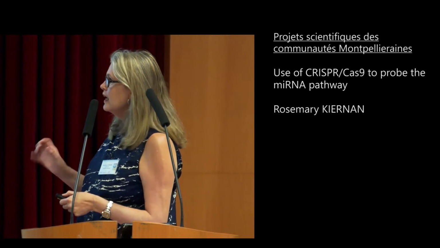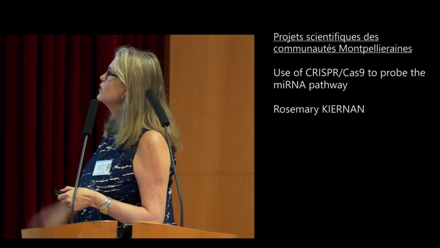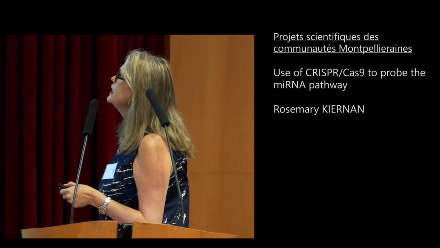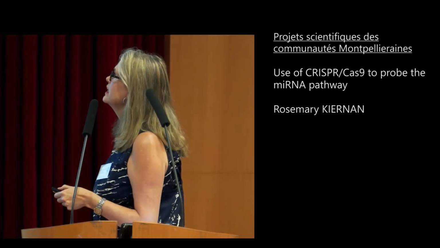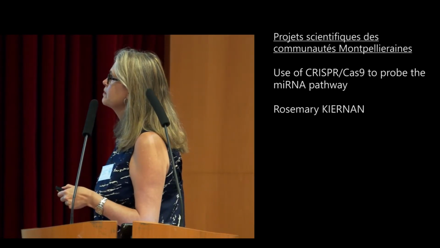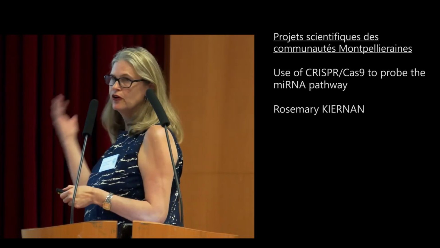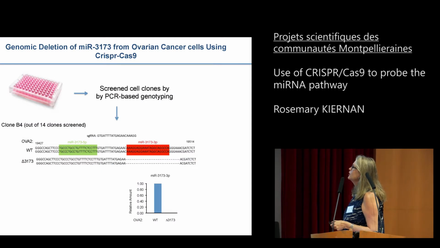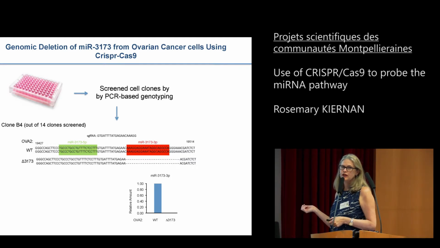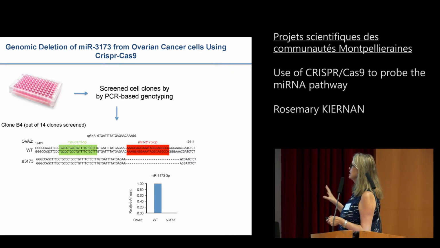Then when we let the cells grow up after about 1 month of cell growth, we screened them by fairly standard PCR-based genotyping. And out of the first 14 clones that grew up, we obtained a clone that seemed suitable to us. I should mention that we didn't use homology-directed deletion.